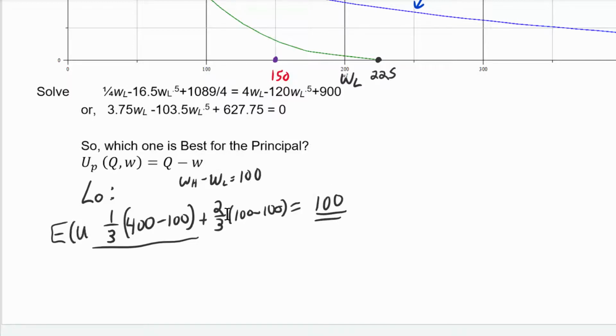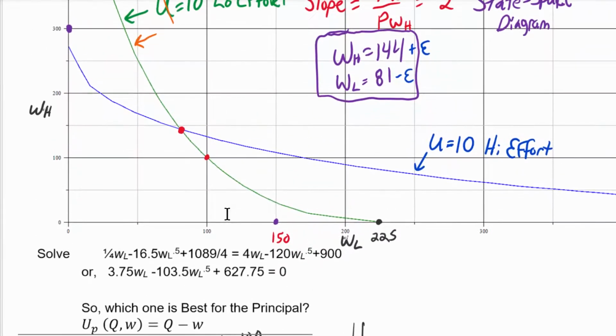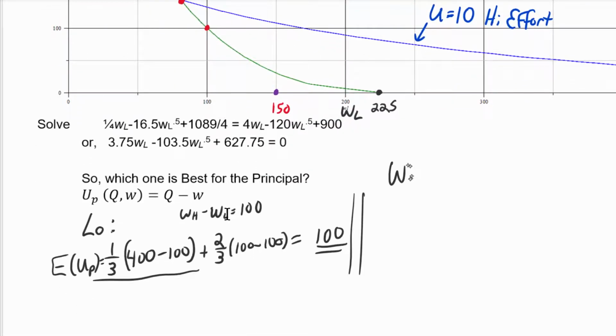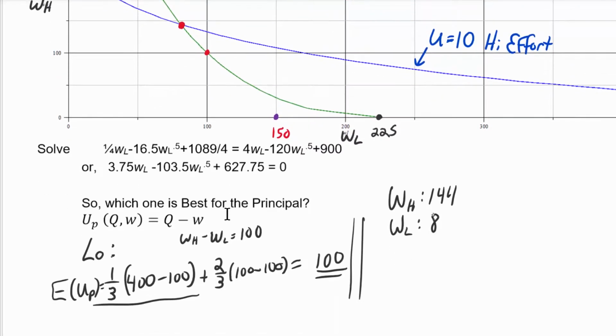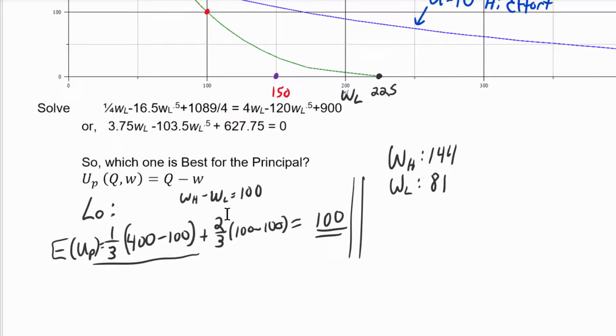Expected utility of the principal. What if we offered this contract where we're going to pay 144 if we see the high output? We'll pay 81 if we see low output, and we assume the person is going to actually provide us high output. What is our expected profit as the principal?